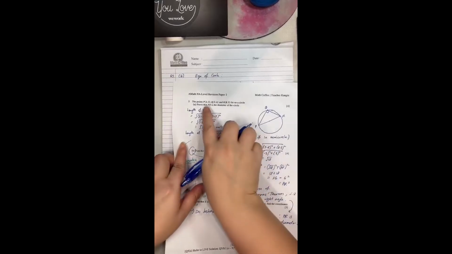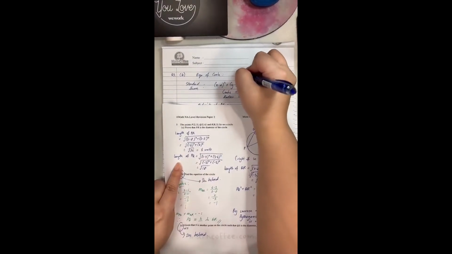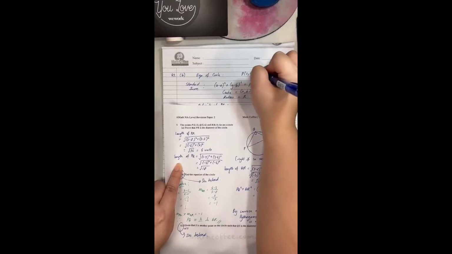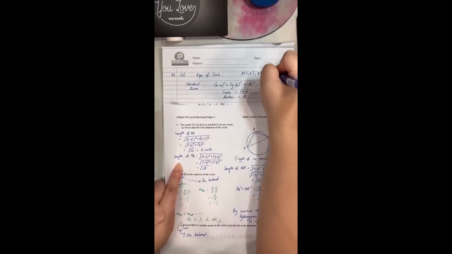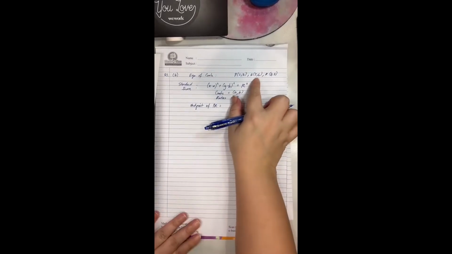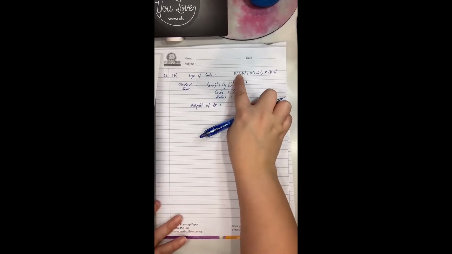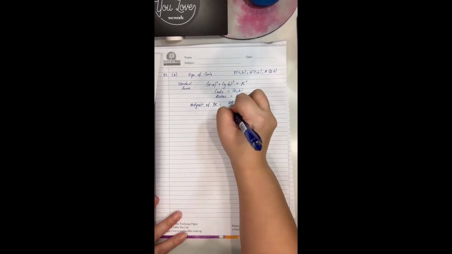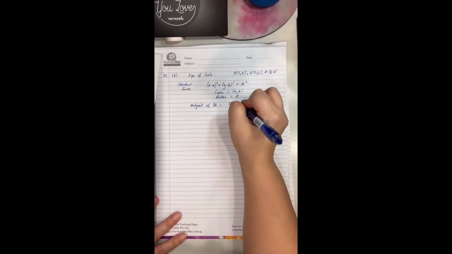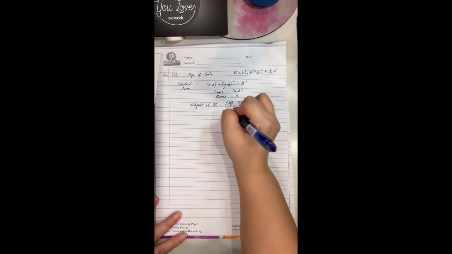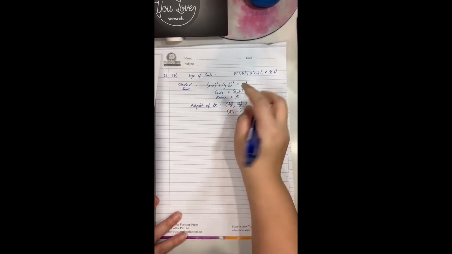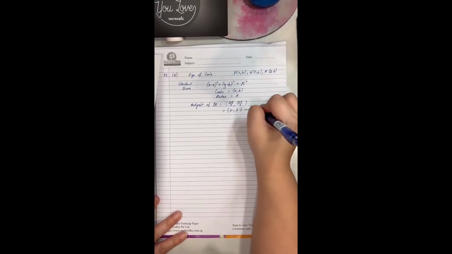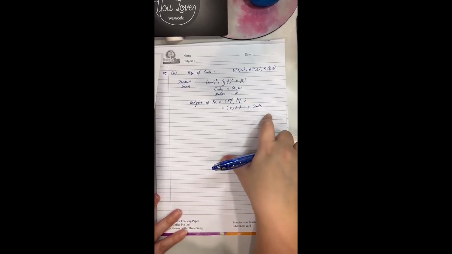P is (2, 3), Q is (5, 6), and R is (8, 3). To find the x coordinate, take the average of the two x's: 2 plus 8 divided by 2. 3 plus 3 divided by 2. So we have 5 and 3. This will be the center.